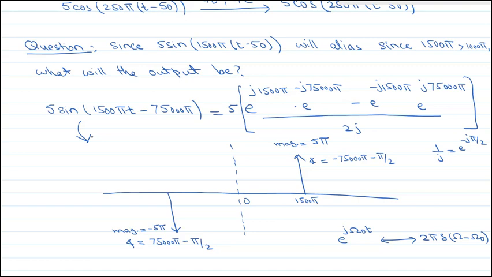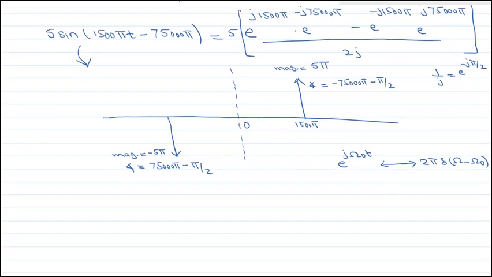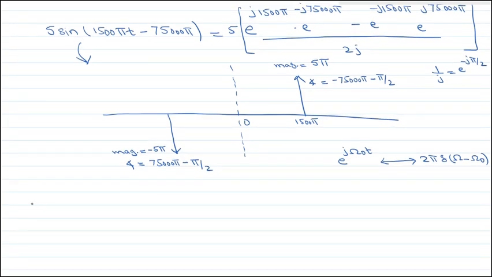Now I want to figure out what this thing aliases onto. To figure that out, I am going to write multiple copies of this. I'm going to repeat that, if you remember your impulse sampled expression, and I'm going to scale it by 1 over T. So just a reminder of what we are calling impulse sampled signals. If we have G p of j omega, the Fourier transform of the impulse sampled signal, that is 1 over T summation k from minus infinity to infinity G of j omega minus 2 pi over T k.